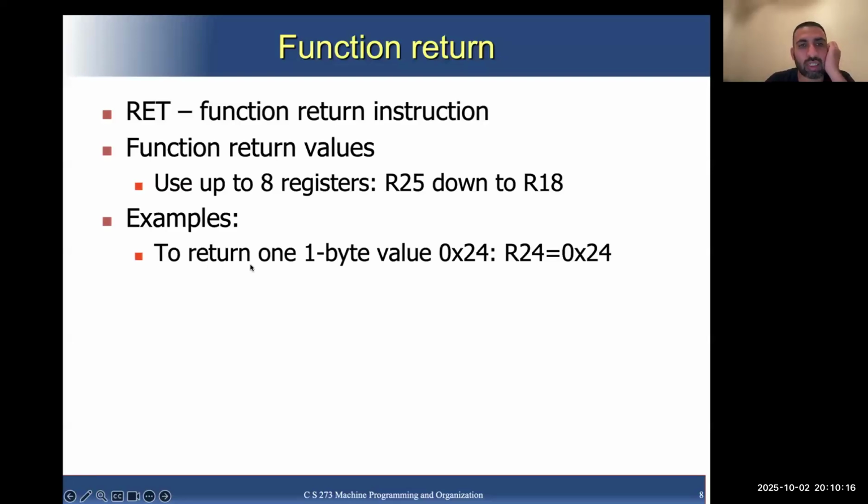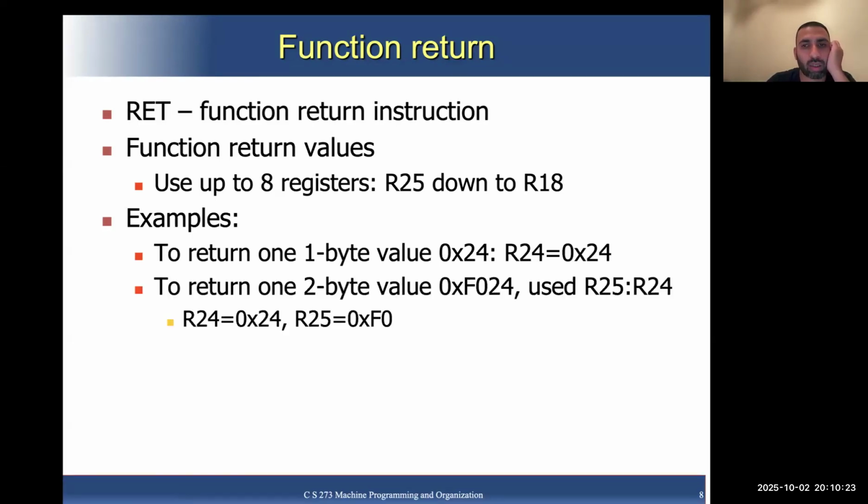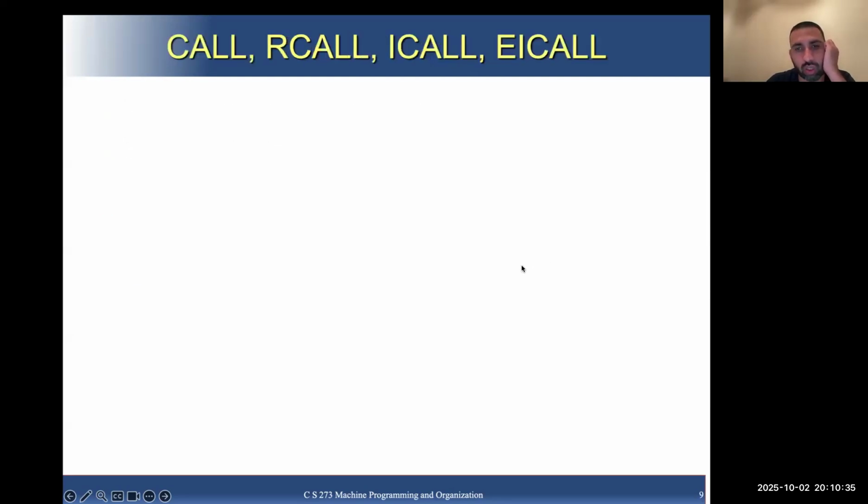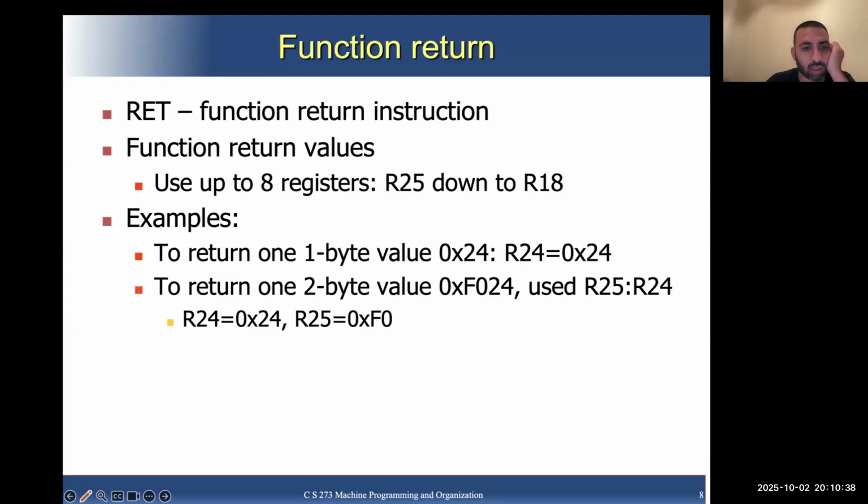So, for example, if we want to return a 1 byte value 0x24, sorry, these registers are again used in pair. So if you want to return a single byte value 0x24, you will put it in the R24 register, not in the R25 register.